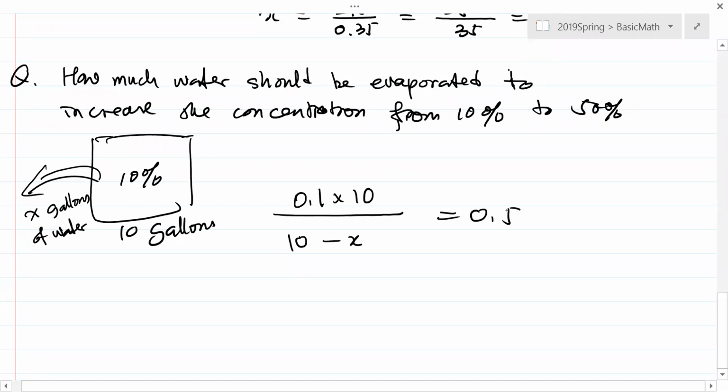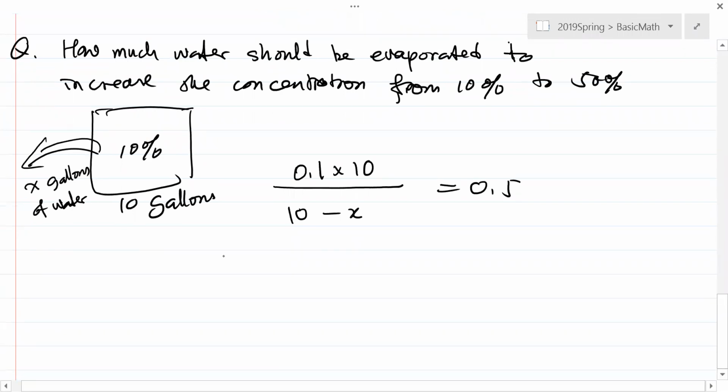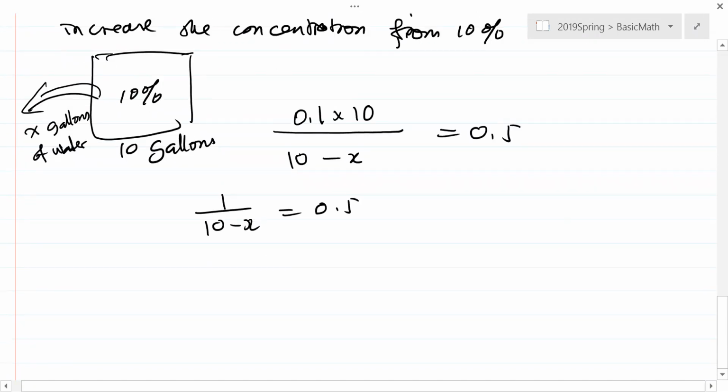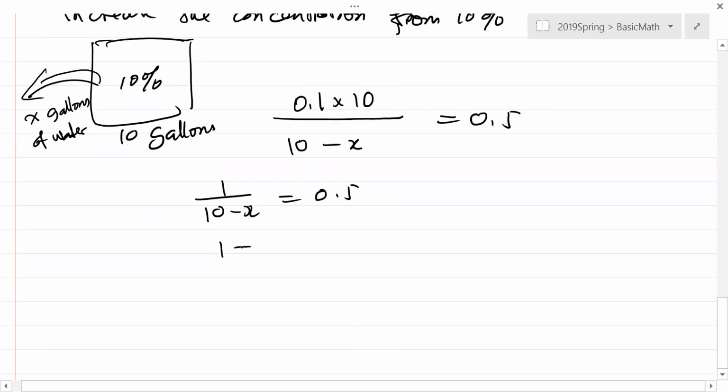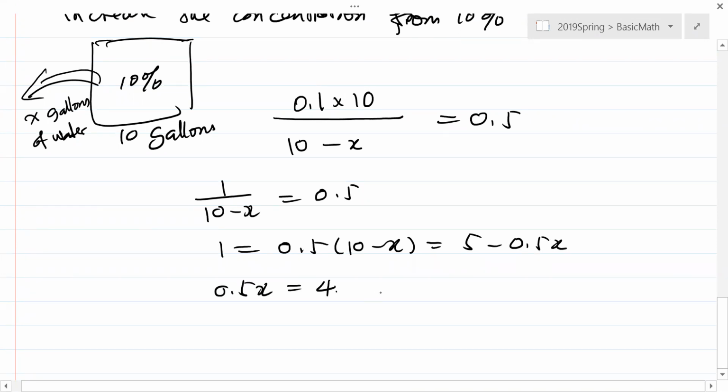So it's 1 over (10 minus X) equals 0.5. Let's multiply this out: 0.5 times (10 minus X) is 5 minus 0.5X. So 0.5X is going to be 4, and then X is 4 over 0.5, which is 8.